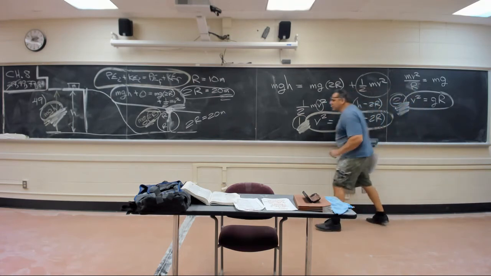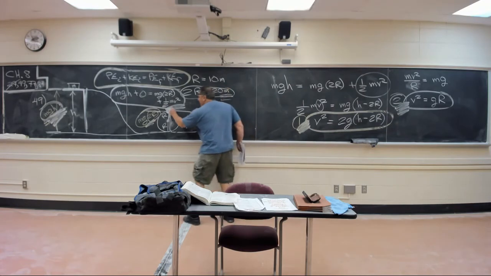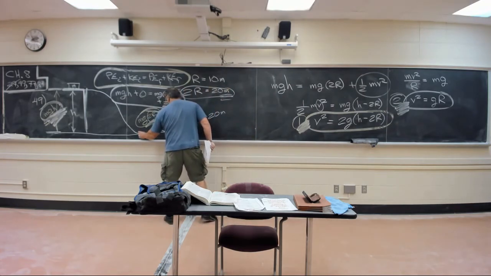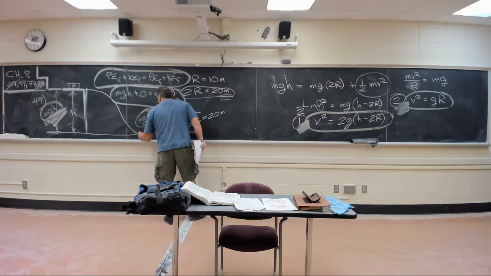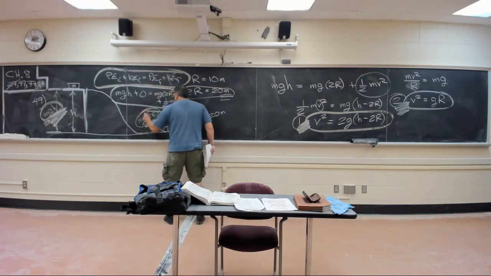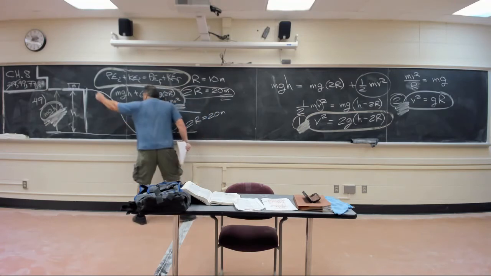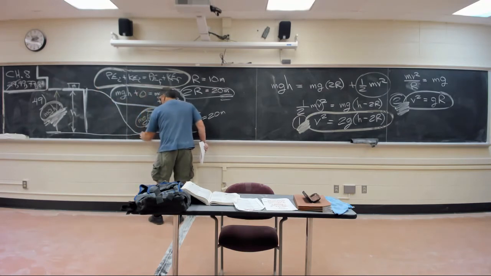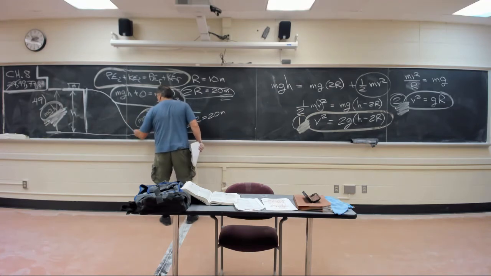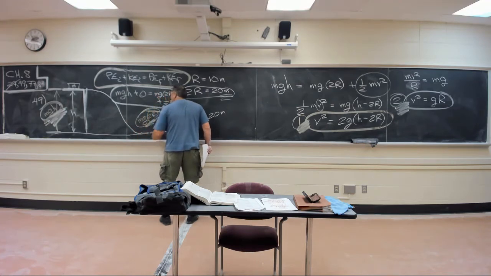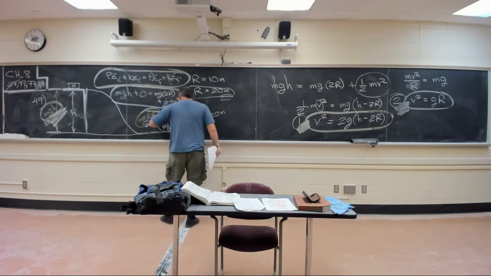That v is right here, not here. That's important. This is v sub i, the initial one, which is the biggest one of all because 1/2 mv sub i squared is what the mgh is. Here, it's less than that.